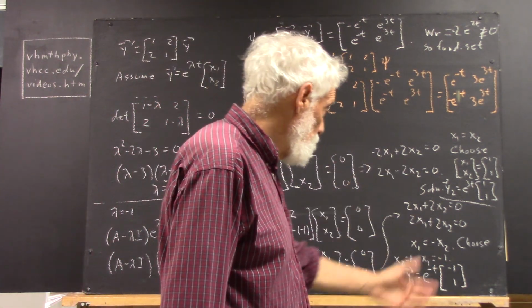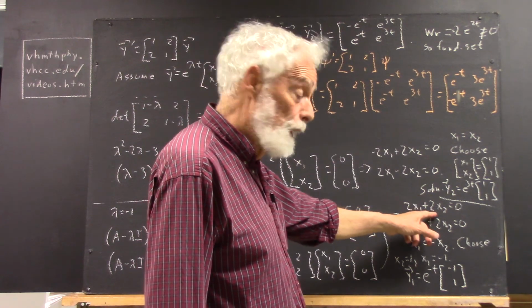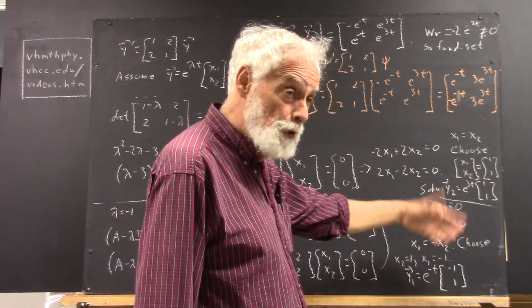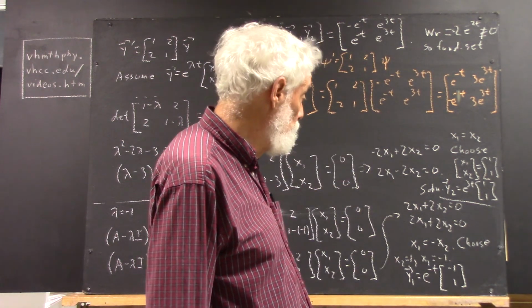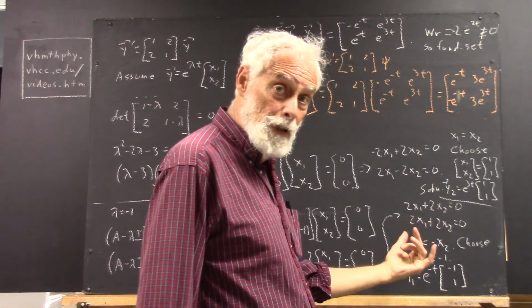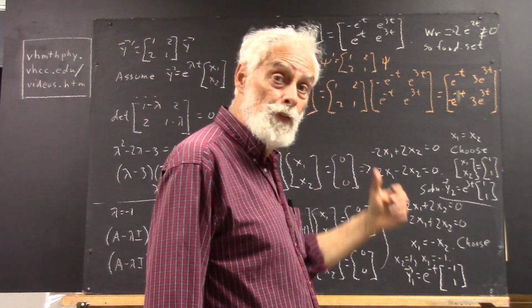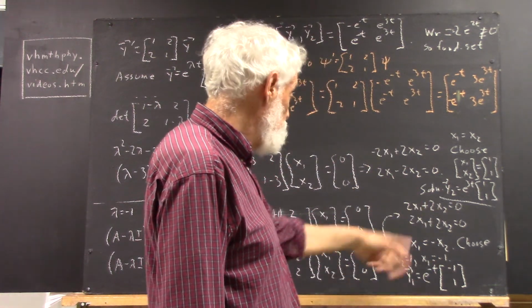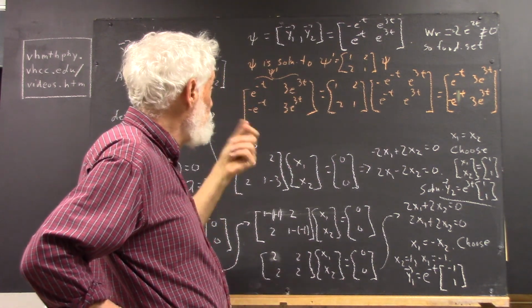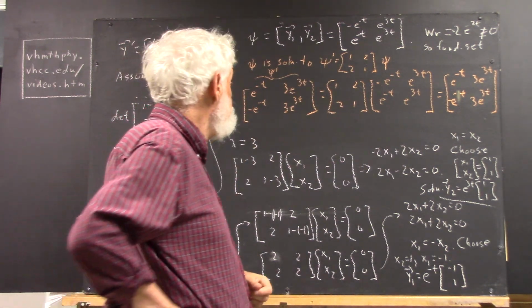We just go through the same process. We're going to have 2x1 minus 2x2 equals 0, meaning 2x1 equals 2x2, so x1 equals x2. The second equation is just the same as the first, but with opposite signs. It's -1 times the first, a multiple of the first, so it gives us the same result.